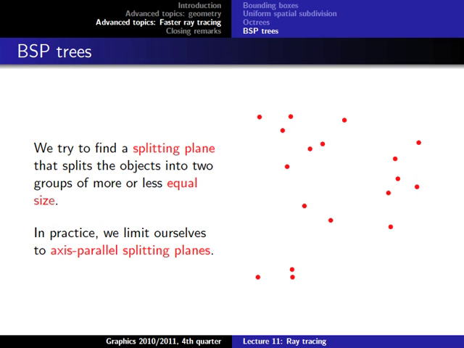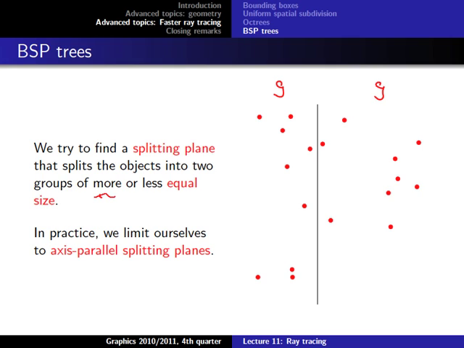For BSP trees, we basically split the space by one line into 2 halves in each step. So we start with the first step where we count the objects, and then we split them into equal sizes. For example, in this case we have 9 objects here and 9 objects here, so we split them in the middle.